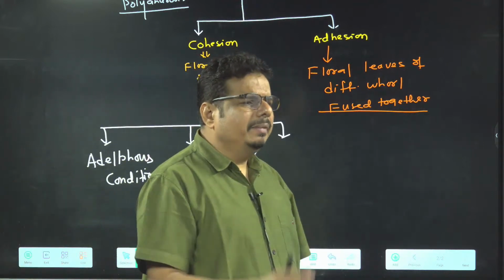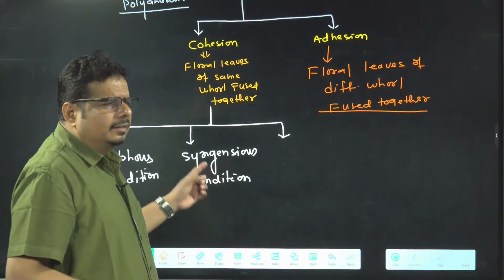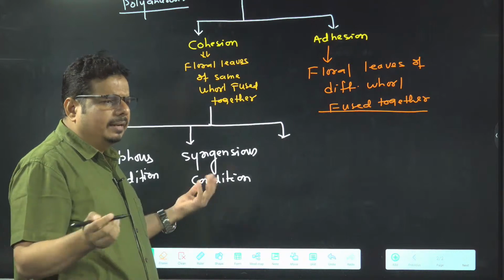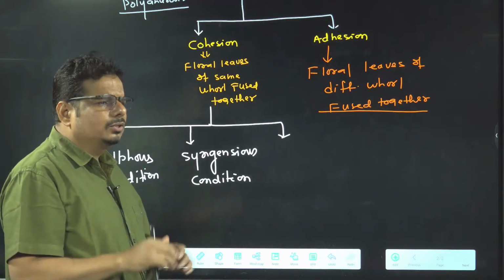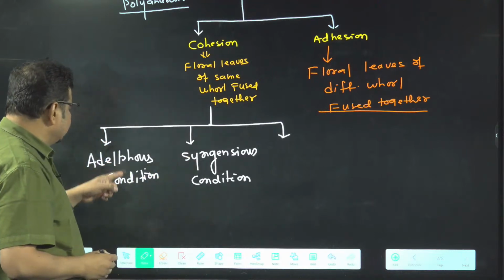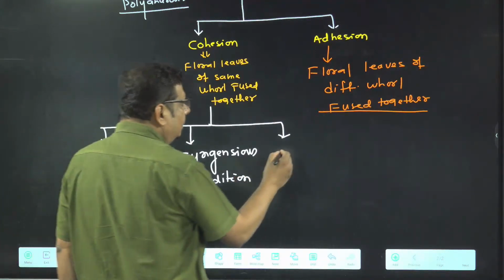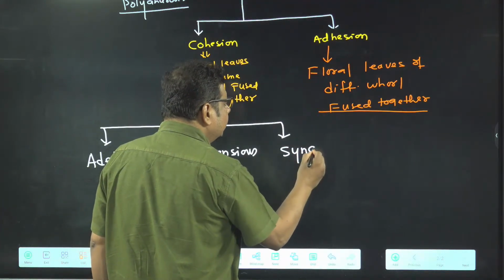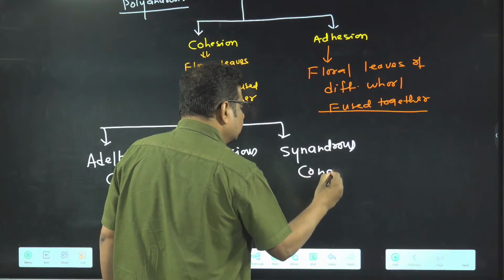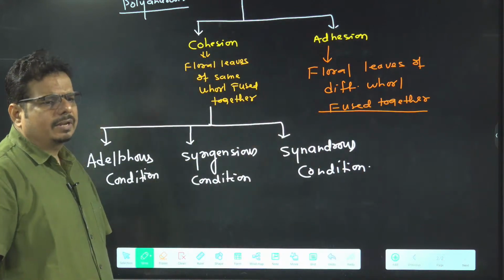Because sometimes it may come in the options and you should not be confused unnecessarily. If they give an option and we have no idea, our confidence on that question will decrease. So the first condition is Adelphous, the second is Syngenesious, and the third is Synandrous condition. So there are three possible types of cohesion of stamens.